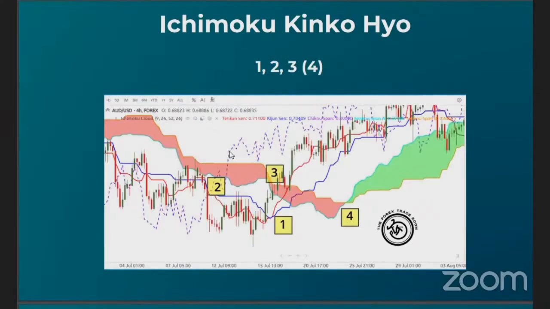So I was trying to figure out, you said that's where price was 26 periods ago, correct? Right, it's giving you a reference point of where price is. So when you go back, you see where it is right here for this example.